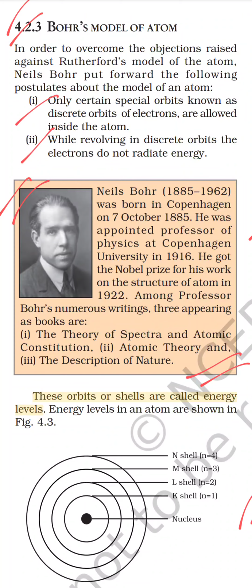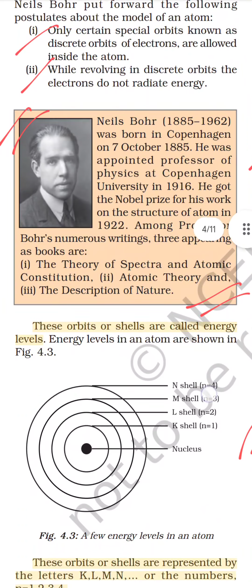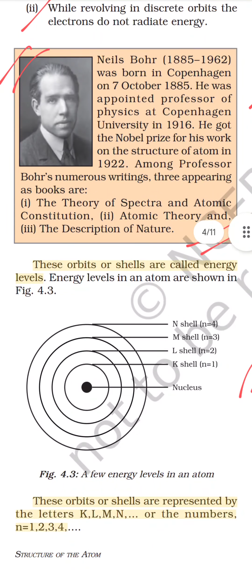These orbits or shells are called energy levels. Energy levels in an atom are shown in figure 4.3. These orbits or shells are represented by the letters K, L, M and so on, or the numbers n equal to 1, 2, 3, 4.